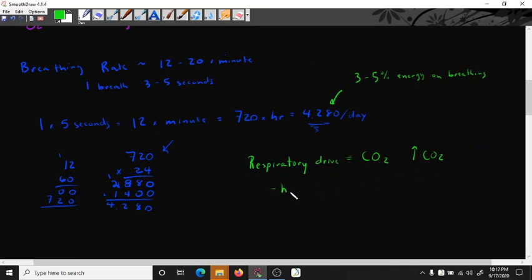The hypoxic drive. Hypo means low. Oxic, or ox, means oxygen. So the low oxygen drive is kind of our backup drive.